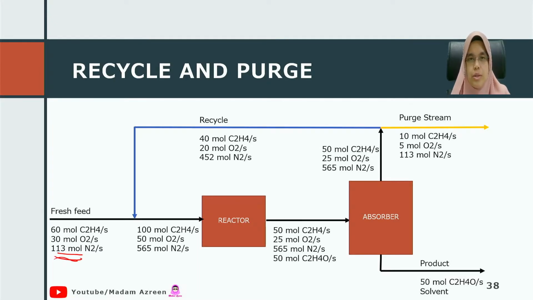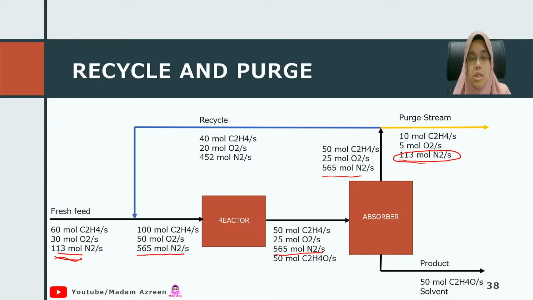does not accumulate. This occurs when you have a reaction with air, because air contains oxygen and nitrogen. So this nitrogen is not used in this process, and the amount of nitrogen will keep on increasing. So you need to remove some nitrogen.